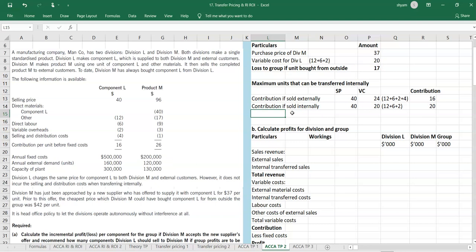Okay, so all of 1,20,000 units demanded by division M should be supplied. So that's about the comment here. So if you want, you can just put it as a comment.